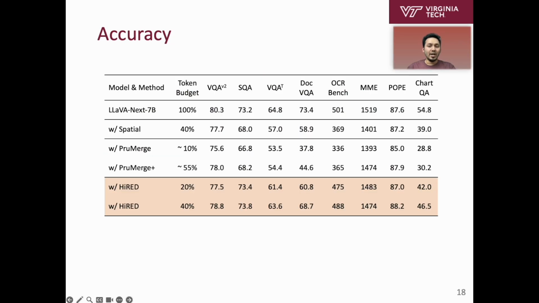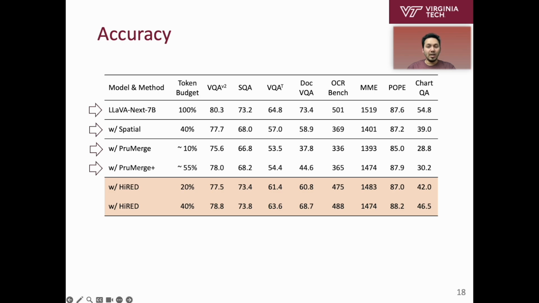We evaluated HiRED's accuracy on LLaVA-NeXT, which is a very popular high-resolution VLM. Under different token budgets, we compared it against the full execution of the model, which is 100% token budget, and a naive spatial token dropping approach, and PruMerge and PruMerge Plus, which are early dropping approaches like ours.